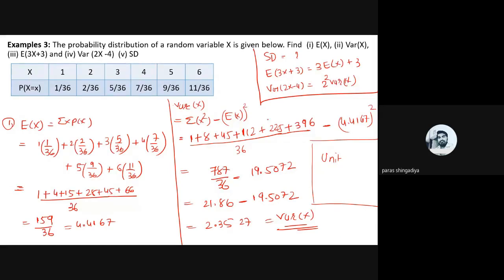Now all of you please check the standard deviation, E of 3X plus 3 and variance of 2X minus 4. What is the answer for standard deviation?